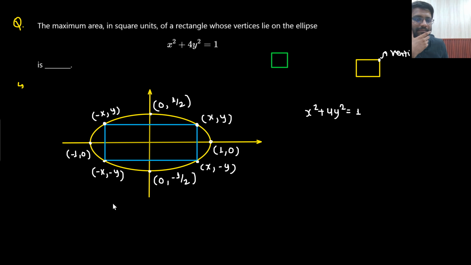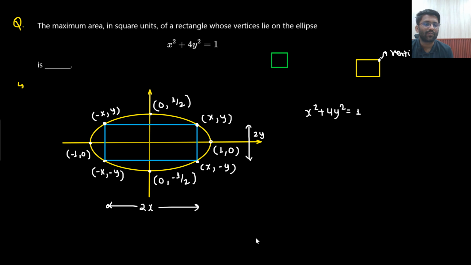Say yes or no. So can you find out the sides of the rectangle? This length will be nothing but 2x, and this length will be 2y. Is that clear to you what I did here?